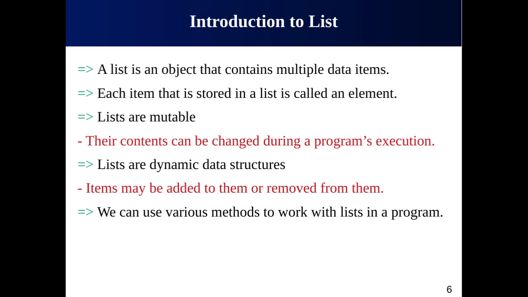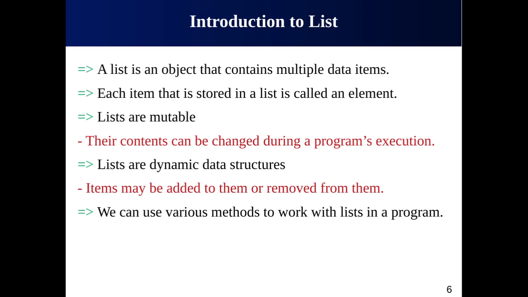So the data items that make up the list are referred to as the elements of the list. Lists are ordered containers of other objects, as we just saw that the items must be in ordered form. So lists are ordered containers that will contain other objects, other values, other elements, other data items.